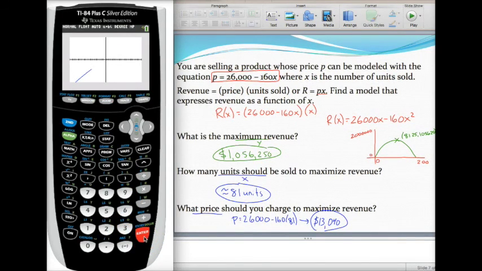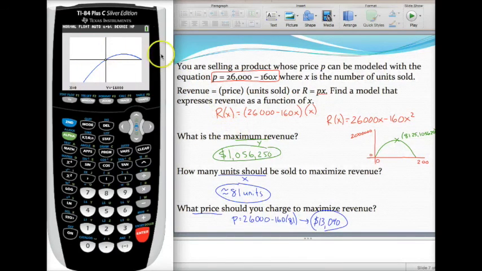Right there, if you do it once, you start to maybe see it curve a little bit more. If you zoom out again, press enter again, you should see it curve a little bit more. And so this was an option that someone came up with, and eventually it will get to the point where I can see the parabola curving, I can see the vertex. So I don't like this method, but it works, so I'll show you it.